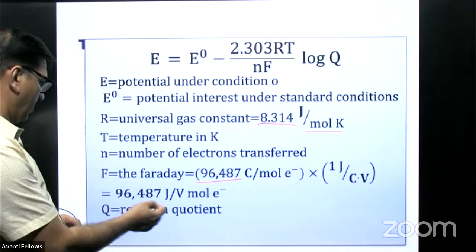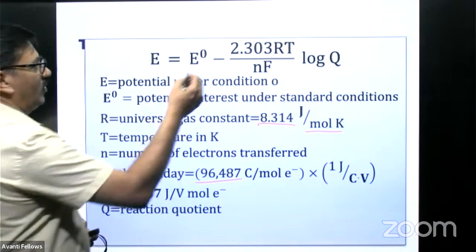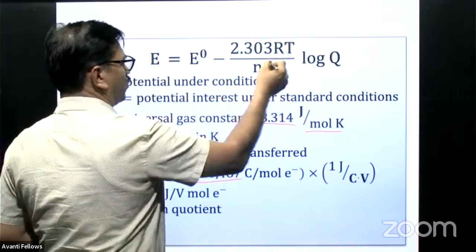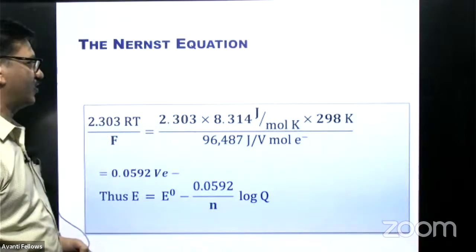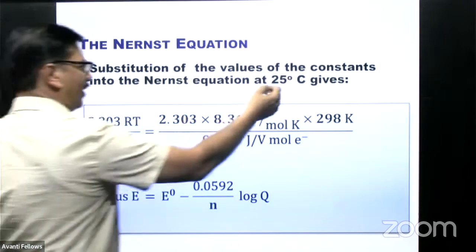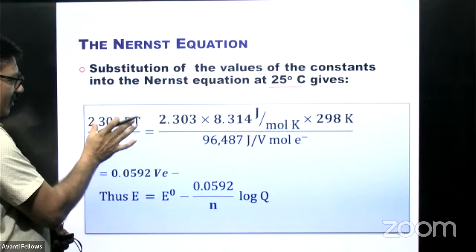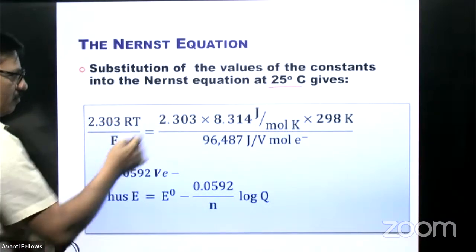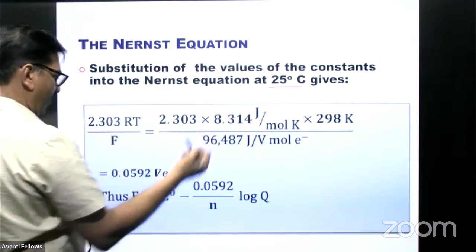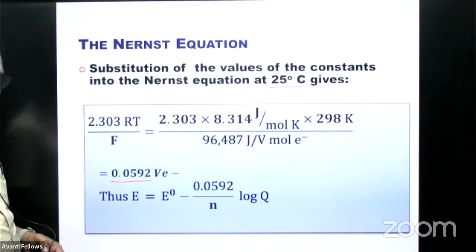And Q is the reaction quotient. Now let us apply these values at 25 degrees Celsius. We can modify the value 2.303 RT by F by substituting these values, and what we get is 0.0592.